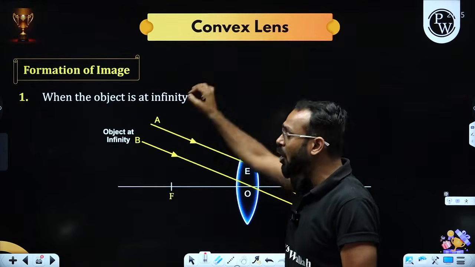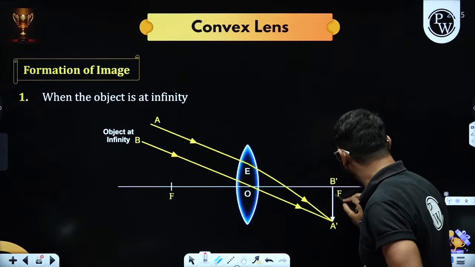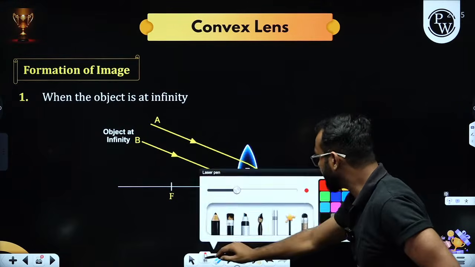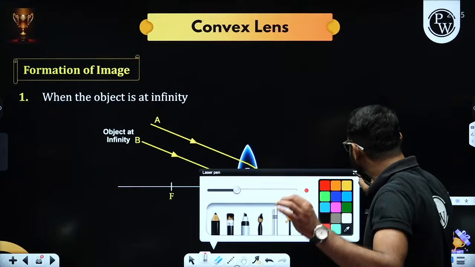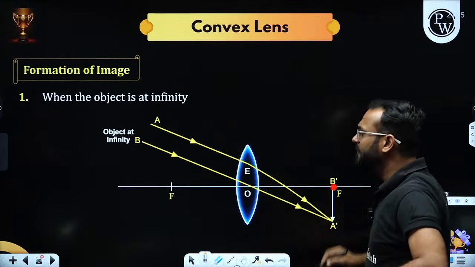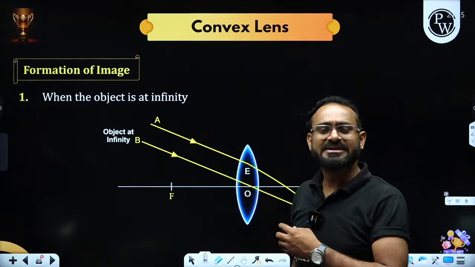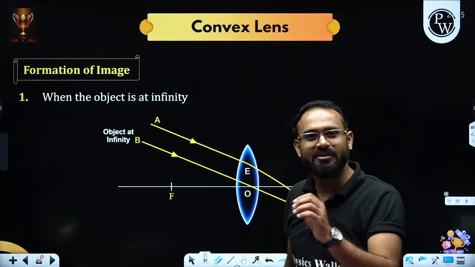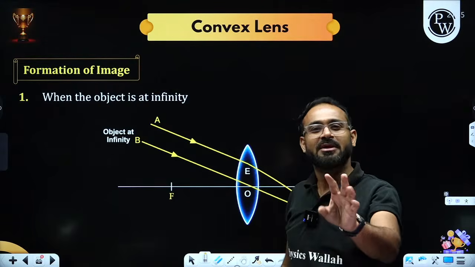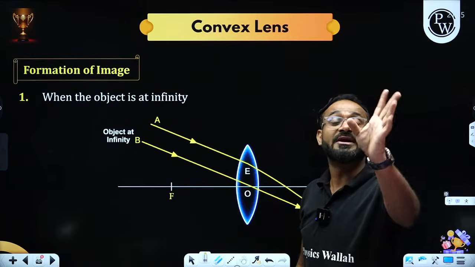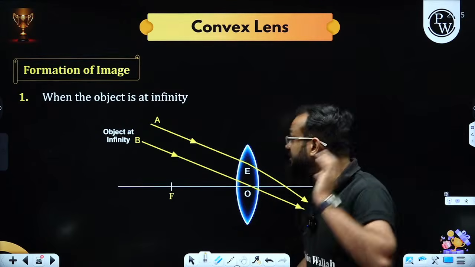Formation of image: when the object is at infinity, the image will be forming at focus. Let me give you an idea. All the 6 cases that we studied in the concave mirror are exactly similar in the convex lens. Only the refraction will be the change.